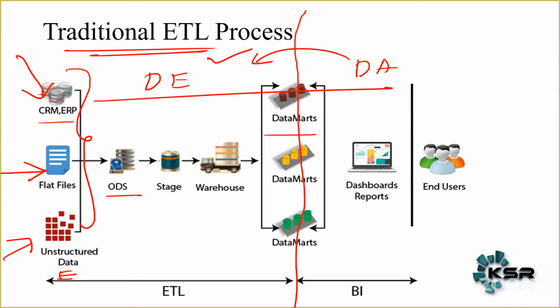And here they will do some transformation. ODS is like a database system, and then it goes to multiple stages, then to another layer. Let's talk about data warehouse staging later. Just assume that this part is T, and then finally we are loading. So this ETL is your role as a data engineer.